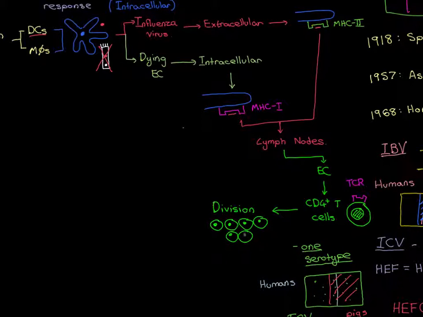Of course, division to a much bigger scale than this is going to occur. You're going to get a huge number of these CD4 positive T cells that are all identical and which are all now targeted against this peptide fragment. Then they're going to start differentiating. However, I think we will have a break here and we'll continue this story in the next video.